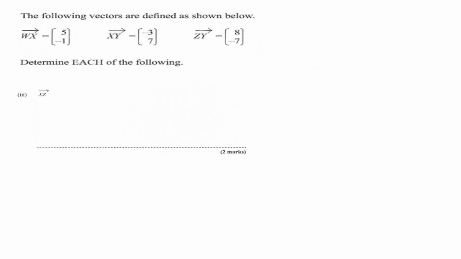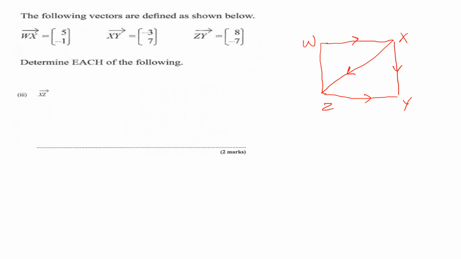Alright, so here we want to find XZ. So we're going to draw a diagram again. We have W, X, XY, and YZ. And we want to get XZ in this direction. WX goes in that direction, XY goes in that direction, and ZY goes in that direction.